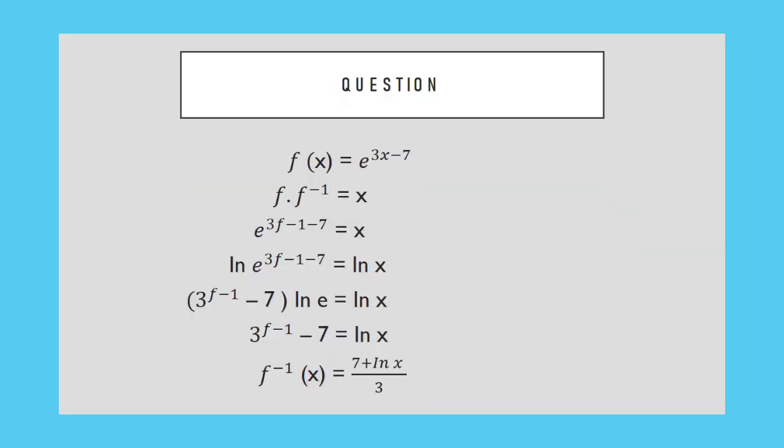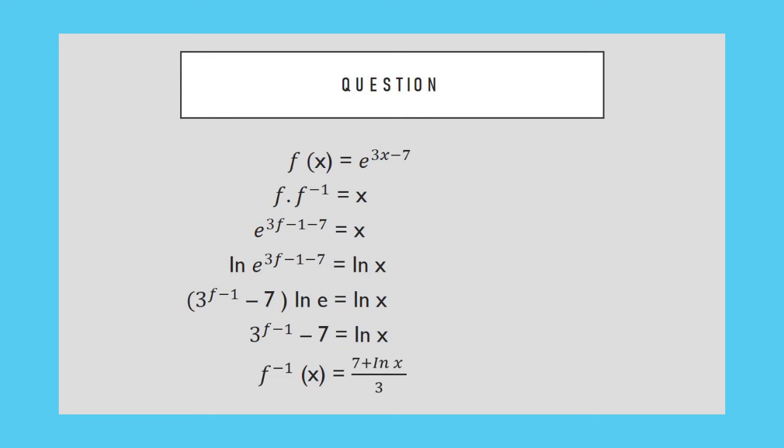So we look at the question. f(x) equals e to the power of 3x minus 7. So let x equal the inverse of x: x equals e to the power of 3f inverse x minus 7. So we put ln on each side. ln multiplied with e, we get 1.